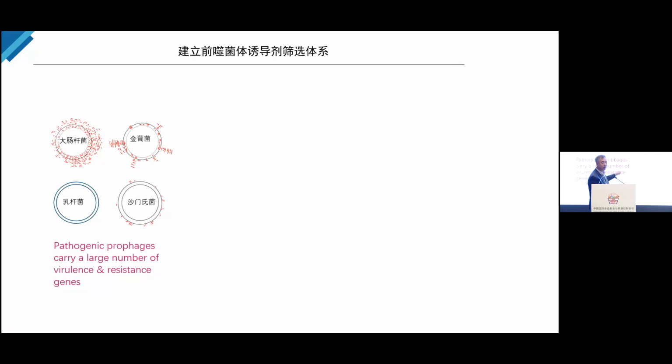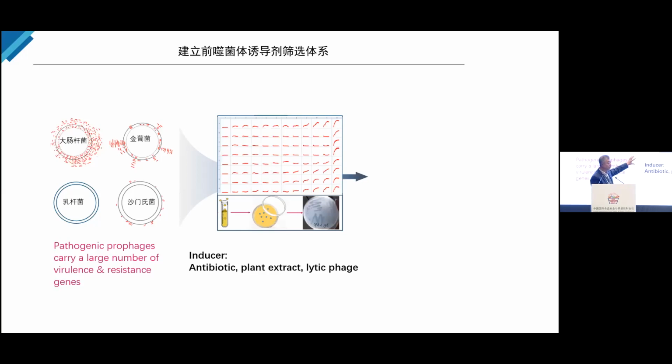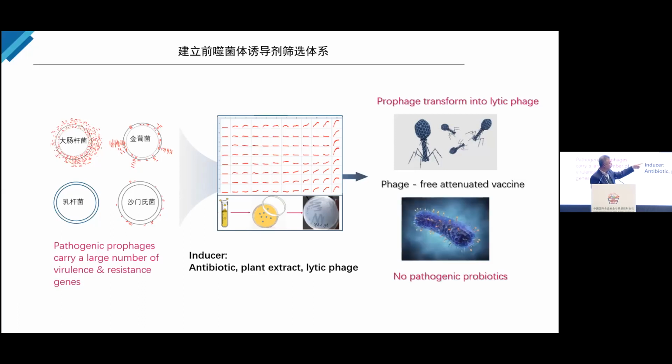And this is E. coli, and it has prophages. There are many prophages. Each E. coli can carry more than 10 prophages. We hope that we can induce them so that the induced lysogenic phages can be transformed into lytic phages, and they will become probiotics.